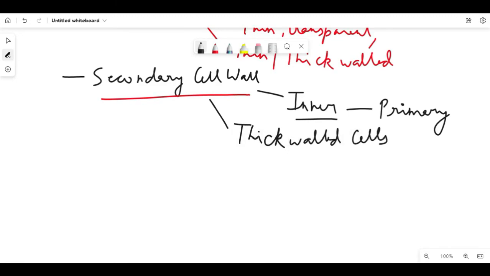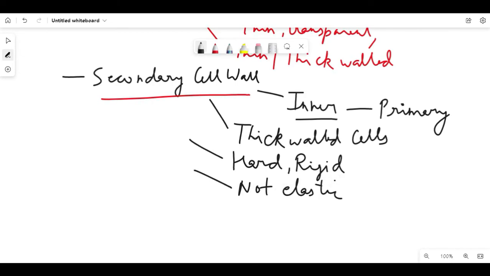And in this, the cell wall is hard, rigid, and not elastic. And secondary cell wall grows by accretion. Accretion means new cell wall material which is deposited inner to the previous one.